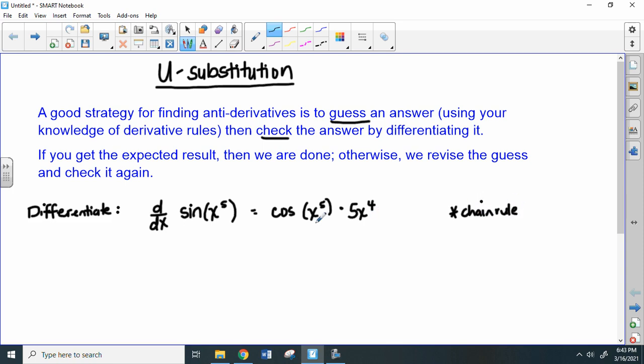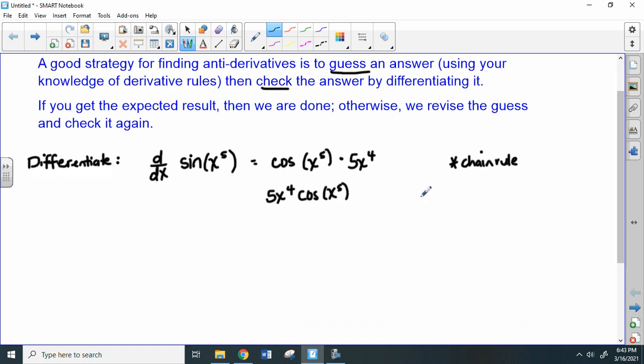Then perhaps you simplify a little and put the 5x to the fourth in front of the cosine of x to the fifth. That's what you get if you take the derivative of sine of x to the fifth. So then what if I ask you to integrate 5x to the fourth times cosine of x to the fifth dx?